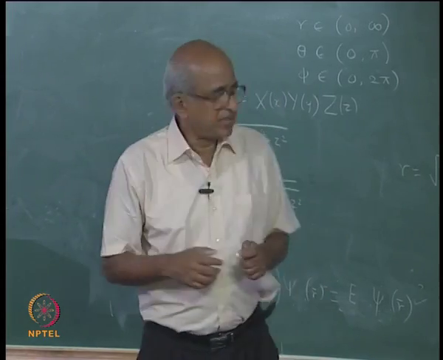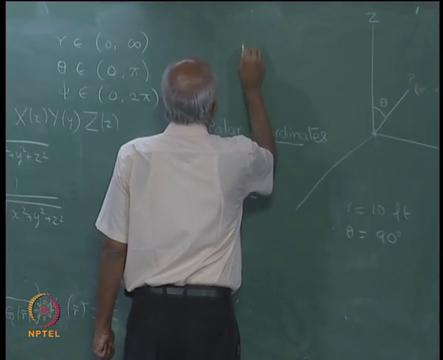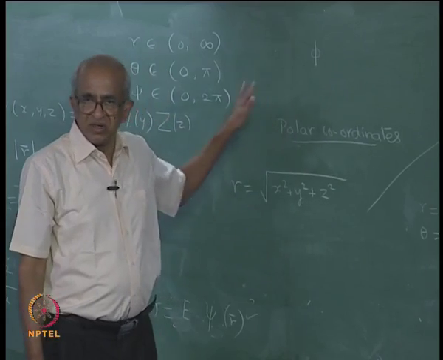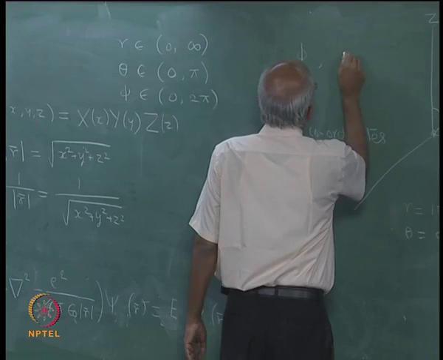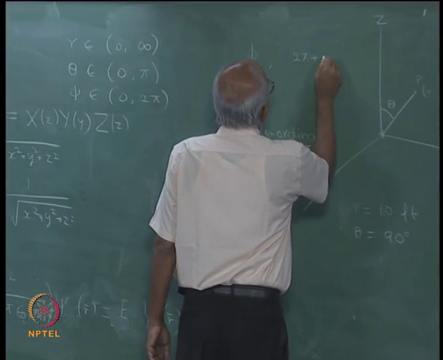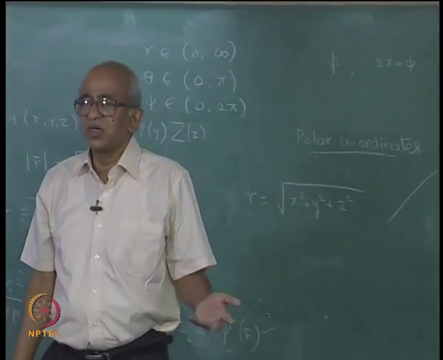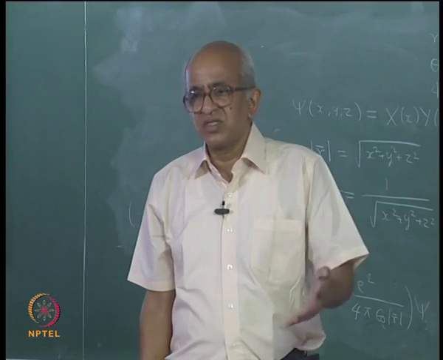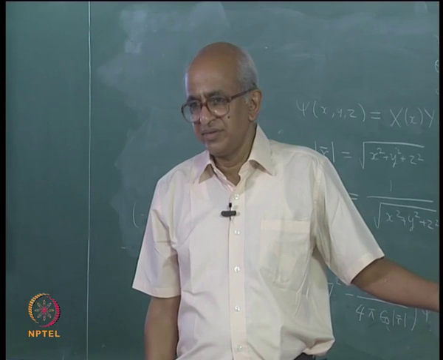So, the point that I am trying to convey is that a particular point which has a phi coordinate equal to something which we denote as phi, it is equally well to say that its coordinate is 2 pi plus phi. In other words, phi and 2 pi plus phi are equivalent.